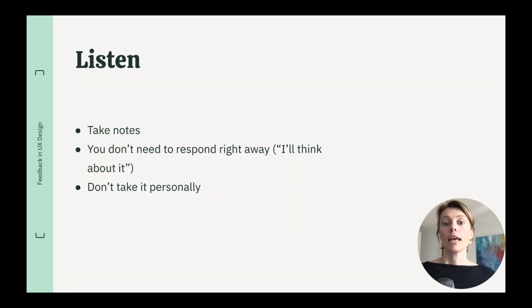And I would also argue that if you're the designer, you should help the team to see that unless there is that time pressure and you actually have to come up with a final solution right then and there, the purpose of the feedback is usually not to get a solution right then and there.